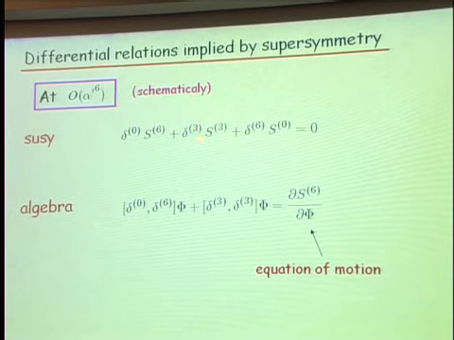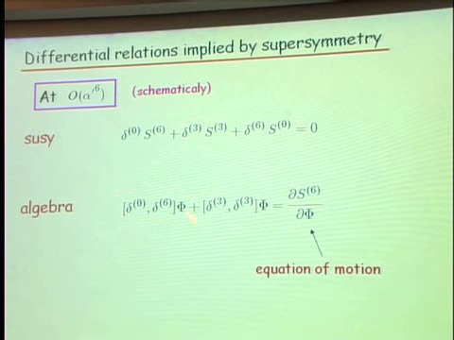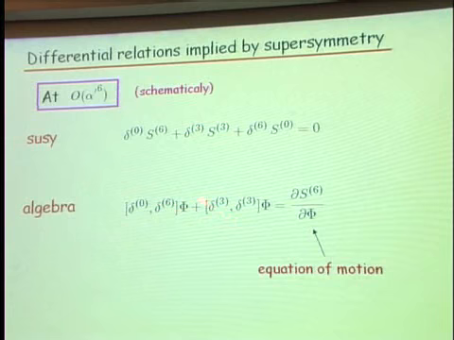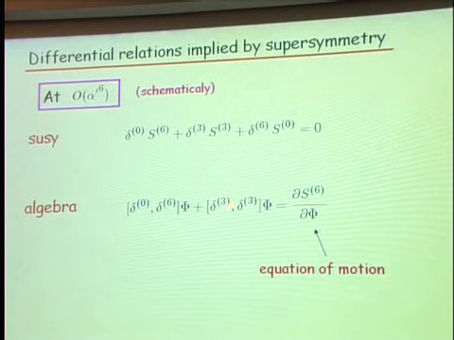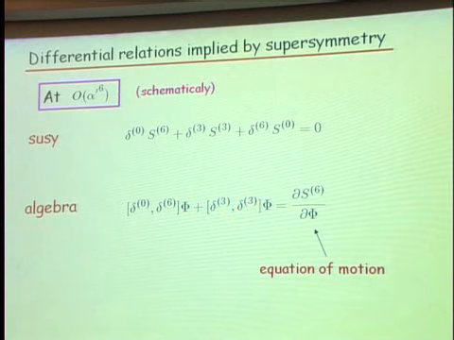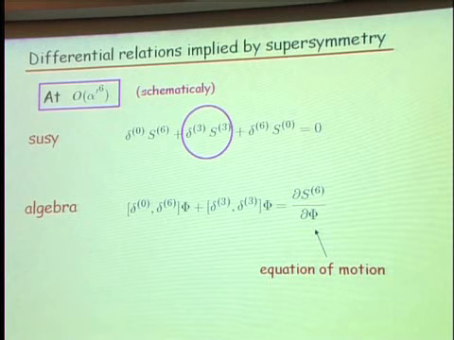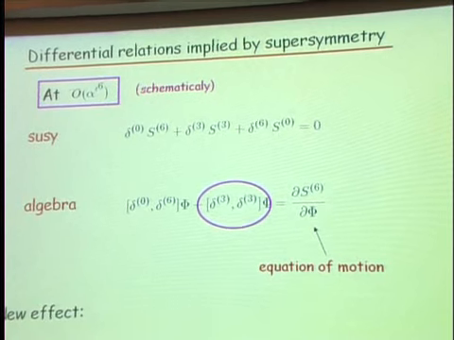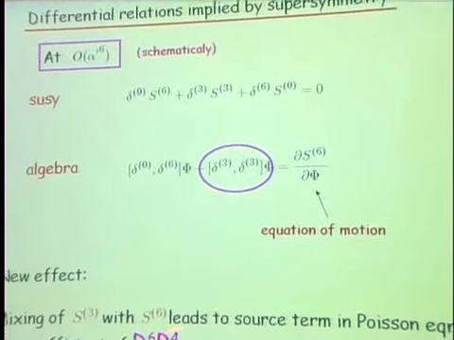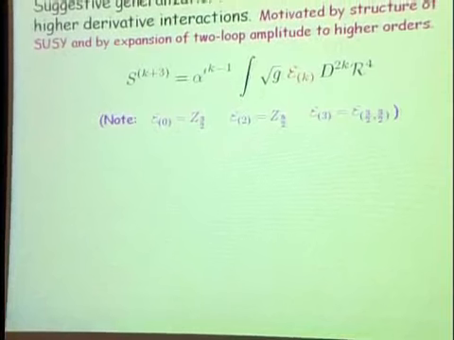So there's an intermediate variation that comes in, and likewise in the closure of the algebra, you have to take into account the commutators of the intermediate supersymmetry transformations. There you can see schematically, although we haven't done this in detail, that this mixing with the intermediate thing is what is giving rise to the source term in the Poisson equation.